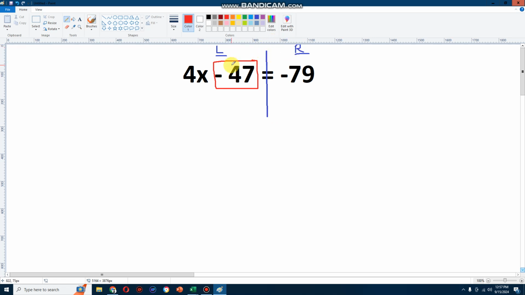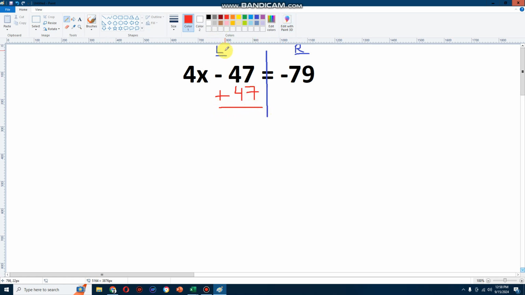And the only way to remove numbers is by tackling it with another number. And the only way I can remove minus 47 out of my way is to take its inverse. In other words, its opposite. And the opposite of minus 47 is positive 47. This is called the inverse.